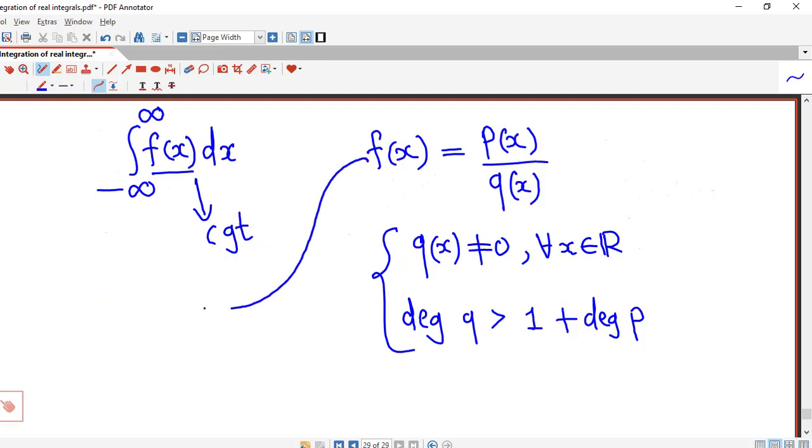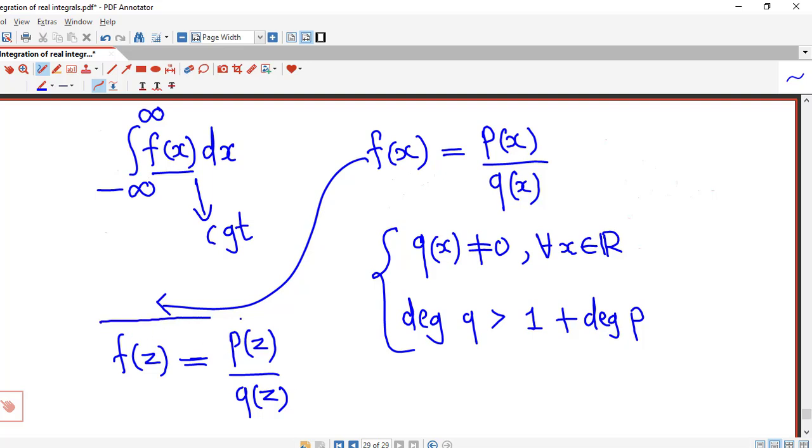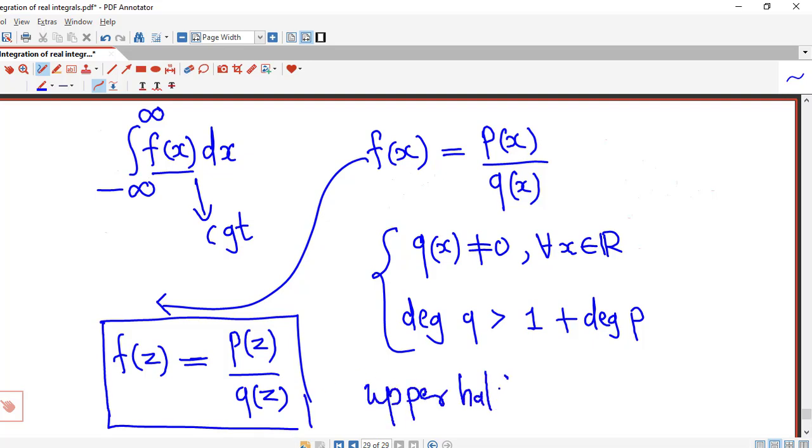For that we consider the complex analog of this function, that is, we replace x by z and write the corresponding complex function, and then we find the isolated singularities of this function f(z) which are in the upper half plane. This function is not analytic at all those points at which the denominator becomes 0.